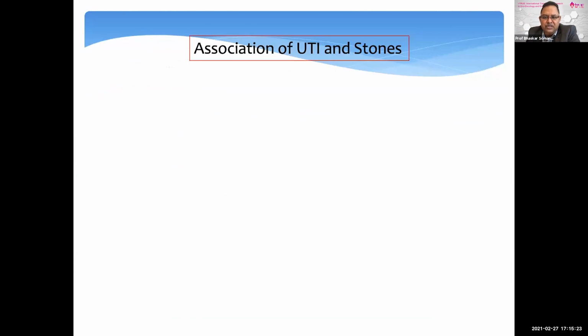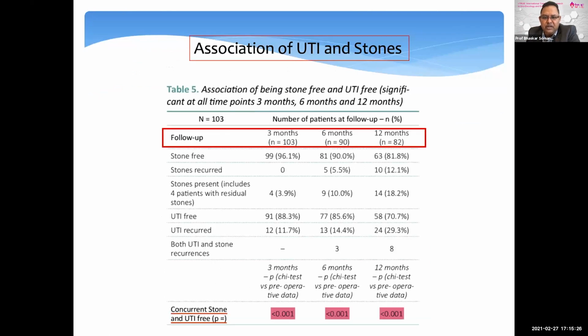When we looked at the association of UTI and stones, we found that at 3 months, 6 months, and 12 months, at all time points, clearing stones was significantly in favor of getting rid of UTI. So if you wanted the UTI to be better, you had to treat the stones and get rid of them. And that effect held for 3, 6, and 12 months.